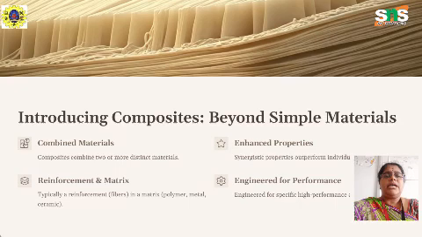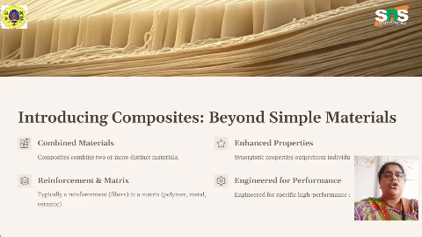So reinforcement and the matrix are the main components of a composite material. You have a certain material for reinforcement, usually fibers, which can be of nanomaterial size, and you have a matrix.